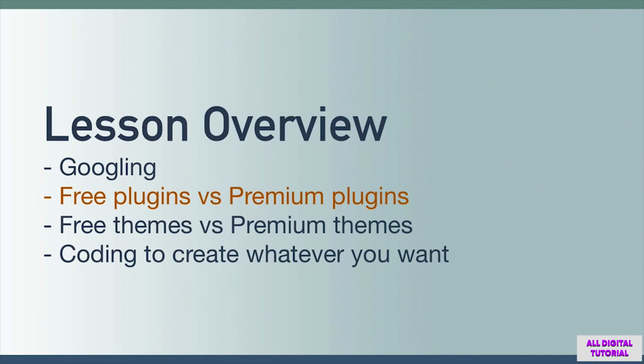Okay, now changing gears, next let's talk about free themes versus premium themes. Now this is basically the exact same situation as free plugins versus premium plugins, so I'm not going to repeat literally everything.